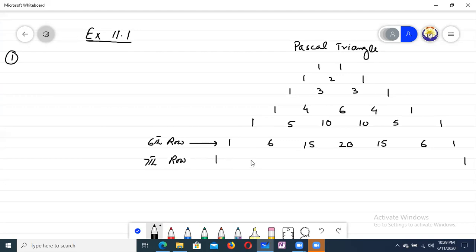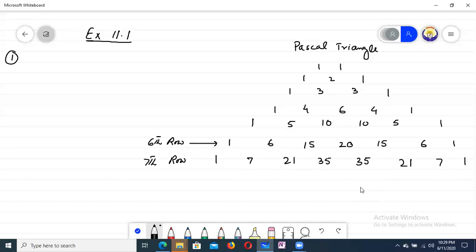Here is 1, 6 plus 1 is 7, 15 plus 6 is 21, 20 plus 15 is 35, here 20 plus 15 is again 35, 15 plus 6 is 21, and 6 plus 1 is 7. This is the 7th row.